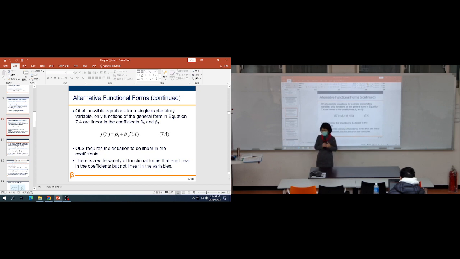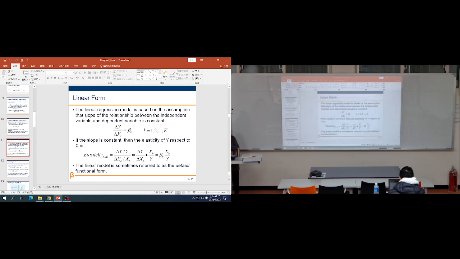So let's review how to interpret the beta coefficient for different functional forms.